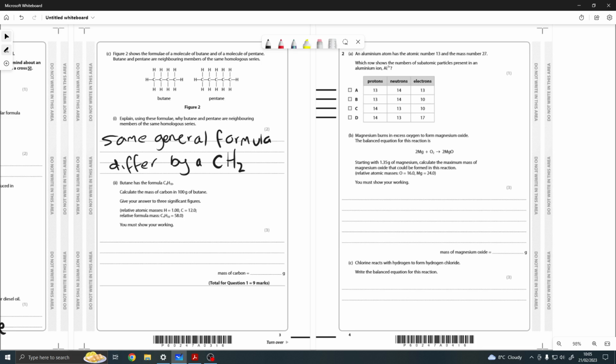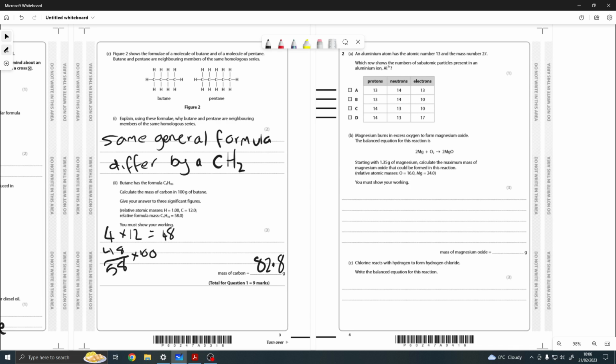Okay, so there are 4 carbons. Each one is 12. So that means we've got a mass in total of 48. Okay, so the carbons have a total atomic mass of 48. What you then do is you just do 48 divided by 58, which is the formula mass of the whole thing, and then times that by 100. Okay, and that gives us a mass of 82.8 grams.